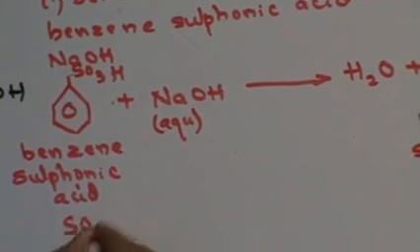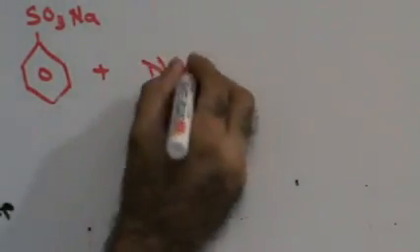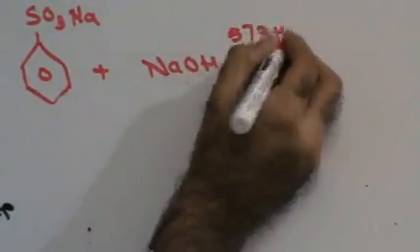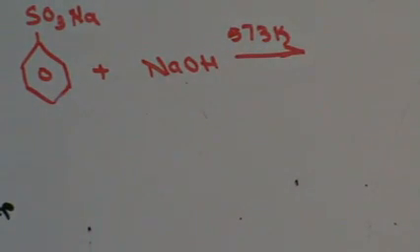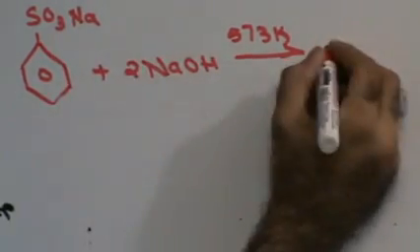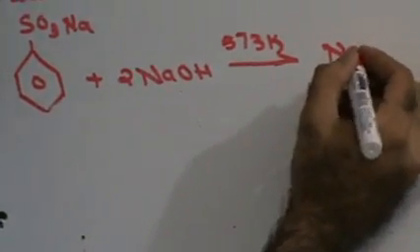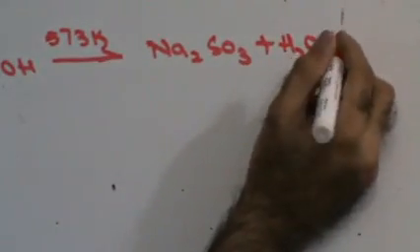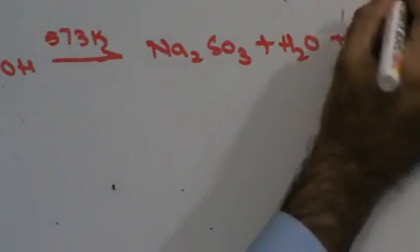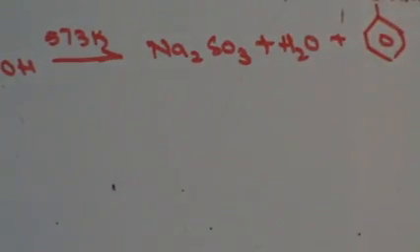Sodium benzene sulfonate is further reacted with sodium hydroxide at 573 Kelvin, in which case you will get sodium sulfite, Na2SO3, plus water plus sodium phenoxide.